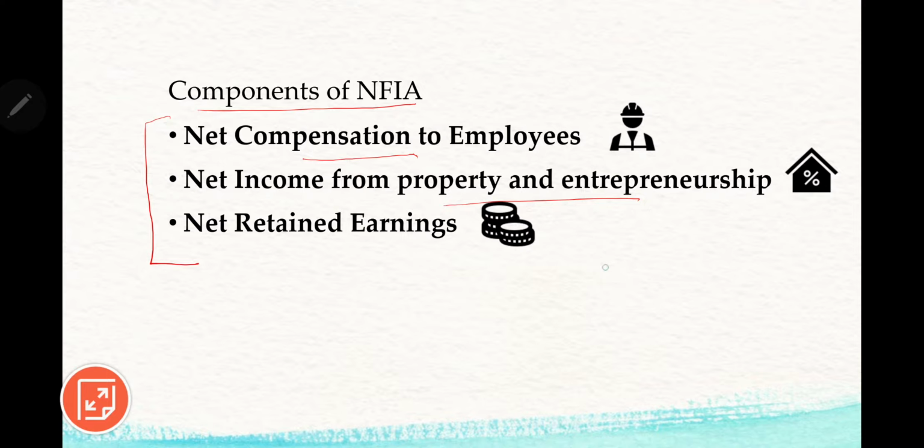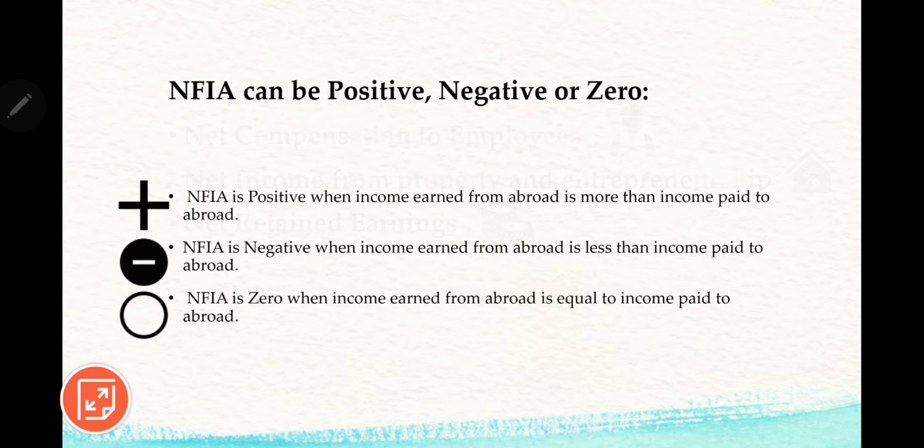Again, the difference between rent, interest, profit and royalty earned by our normal residents from the outside world minus similar payments made to non-residents from our domestic territory. Net retained earnings. It is the difference between undistributed profit of resident companies abroad and foreign companies located in our domestic territory. Thus, by adding these three, we can get NFIA.